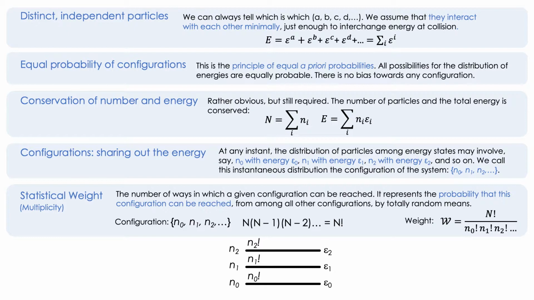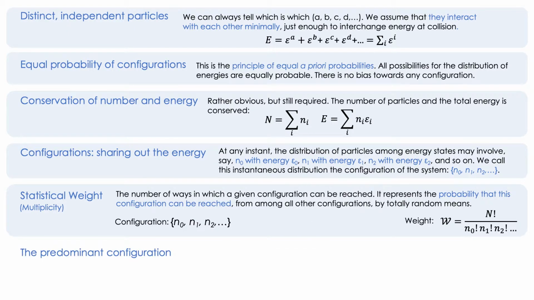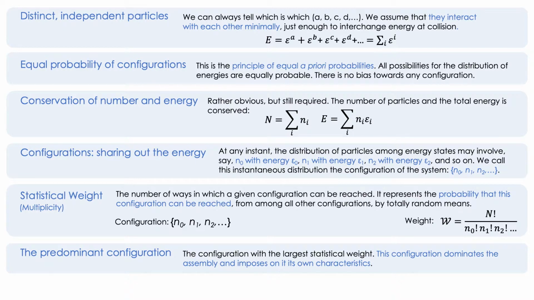Now, the final concept to discuss before going forward is the predominant configuration. The predominant configuration, and we will go further in other lectures, is the configuration with the largest statistical weight. As we just said, this configuration dominates the assembly and imposes on it its own characteristics.